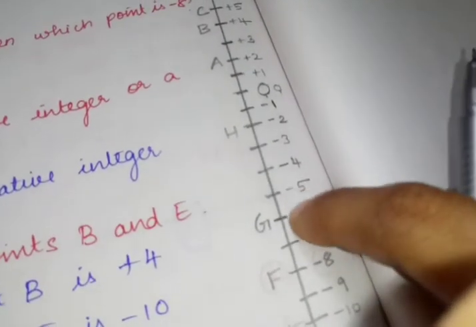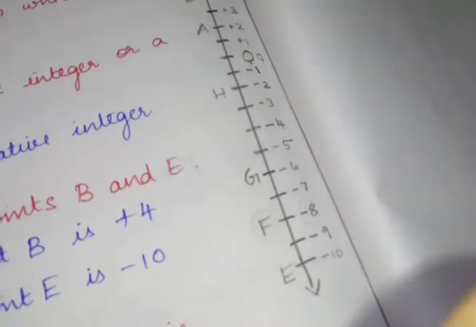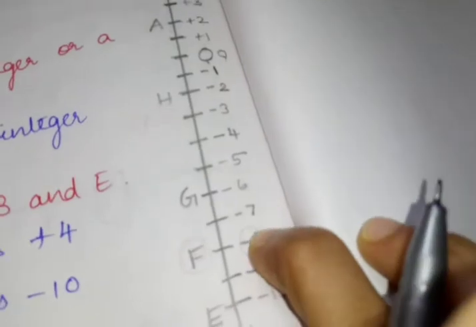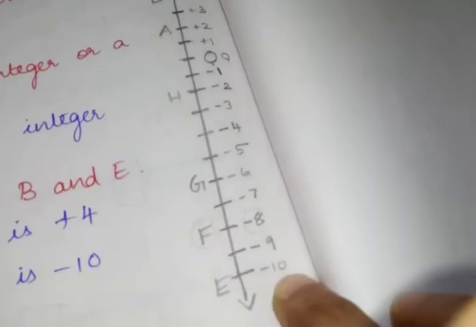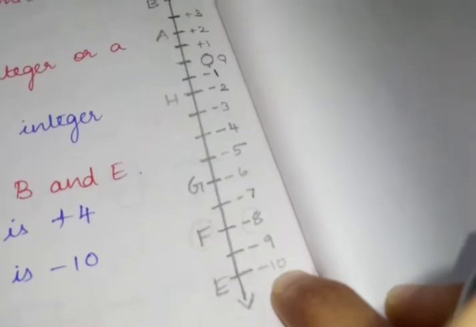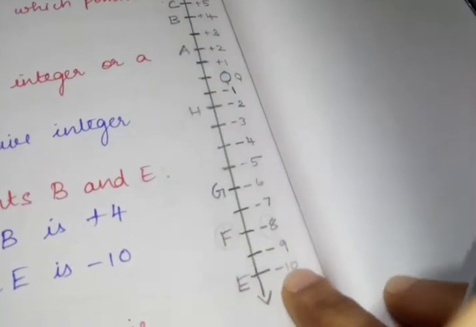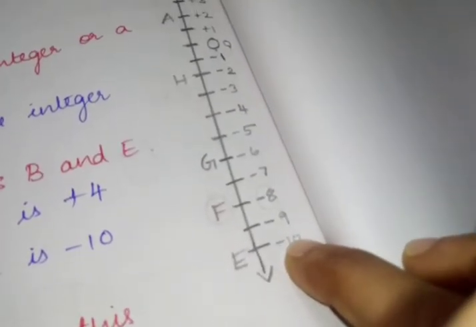G stands for minus 6. So minus 6 is smaller when compared to minus 2. Right? So next F, minus 8. It is smaller when compared to minus 6. Next E, minus 10, which is very small when compared to all these values, because negative integers are always very small.